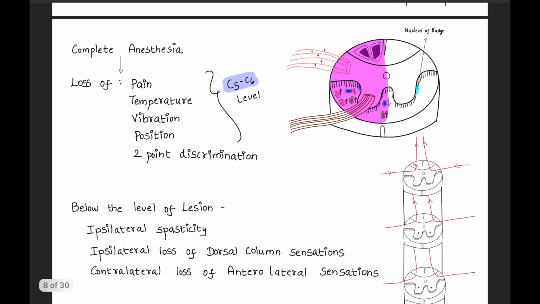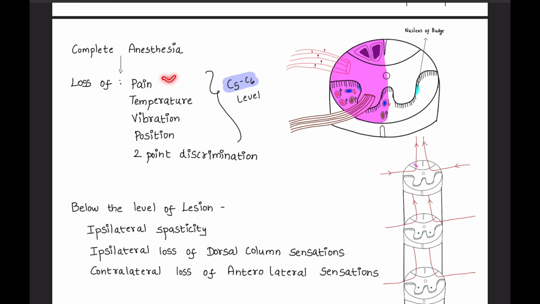And the dorsal nerve fibers, that is the sensory nerve fibers entering the spinal cord, are also affected. The information from the body carried to the brain is also affected. So here the whole hemisection of the spinal cord is affected, and there will be complete anesthesia on one side.